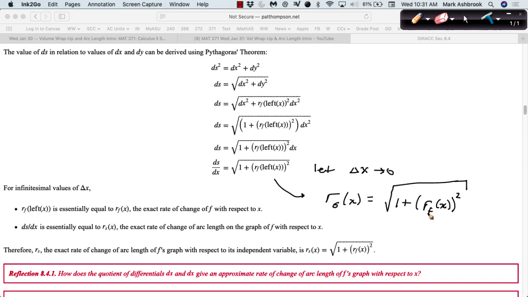So you're going to take the derivative of your function and plug it in here. Square it, add 1, square root, there's your rate of change, and then you can write your arc length function.